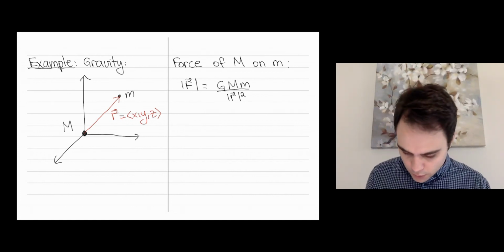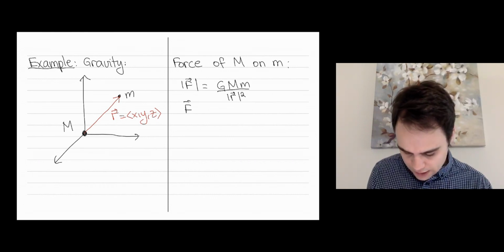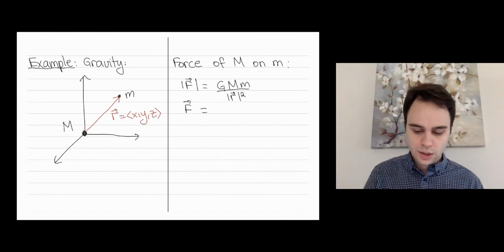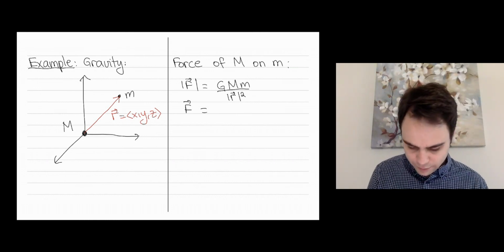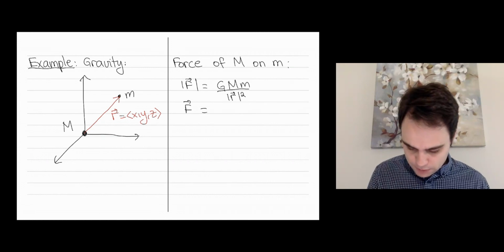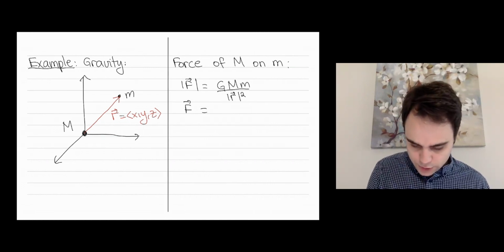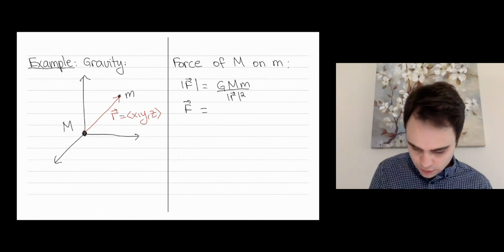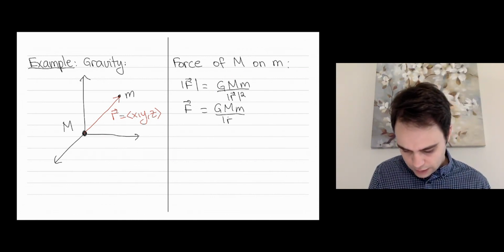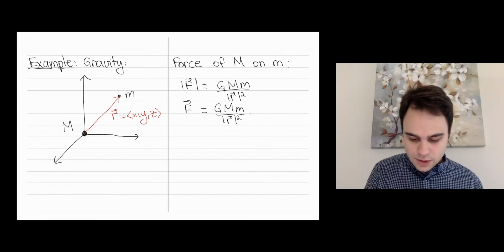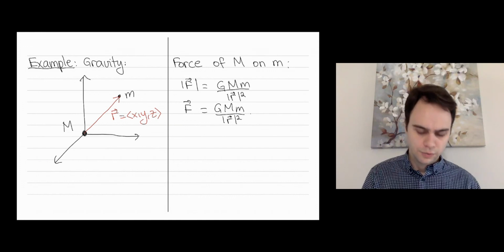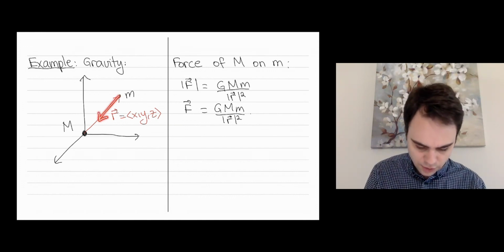Okay, now this is just the magnitude of the force, but we also know that the force is attractive, right? So the force is going to be this number, G M m over the length of R squared, times a unit vector which tells us the direction of the force. This force is attractive.